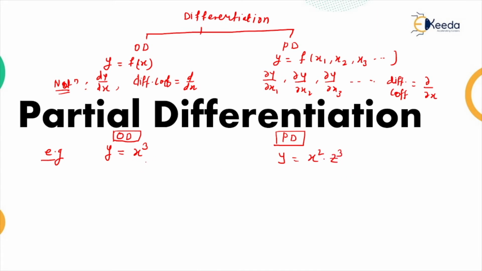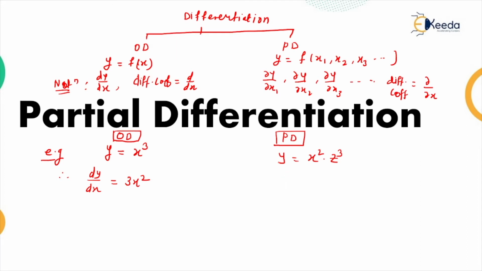Observe which differentiation you have to use in these two equations. In the first equation y is a function of only one variable, and in the second equation y is a function of two or more variables. Therefore for the first we take the ordinary differentiation, dy divided by dx, and the differentiation of x cube is 3x square. It is a simple one, you have to understand this very well.